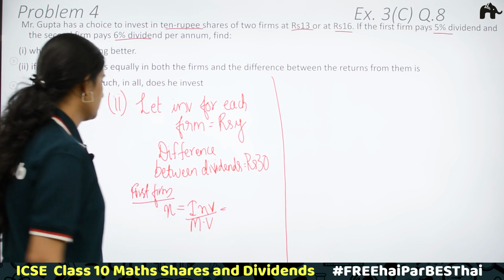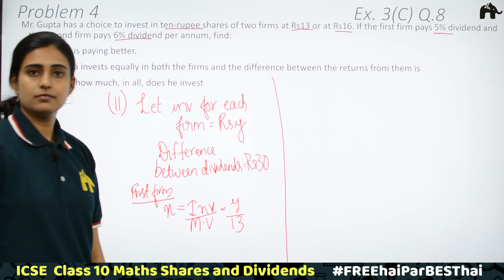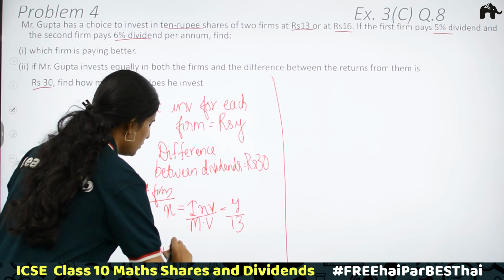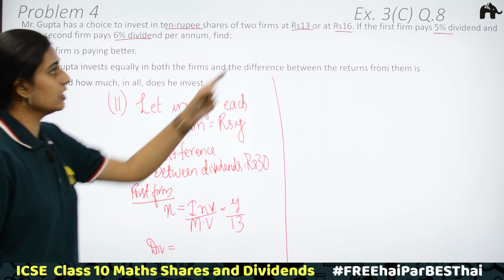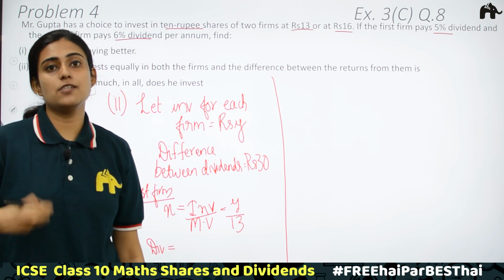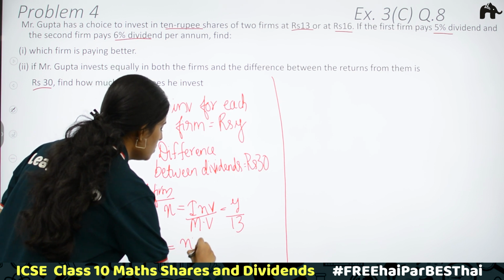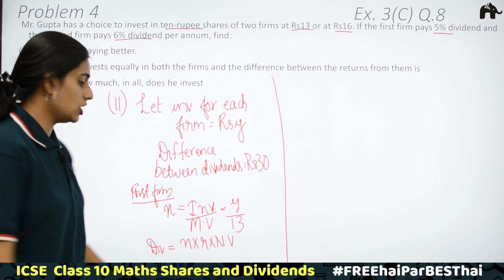That is Y by 13. Yes. Now what is the dividend? Dividend for the first case. We have the rate of dividend in the question, that is 5% for first firm and 6% for the second firm. So here N into R into nominal value of 1 share.